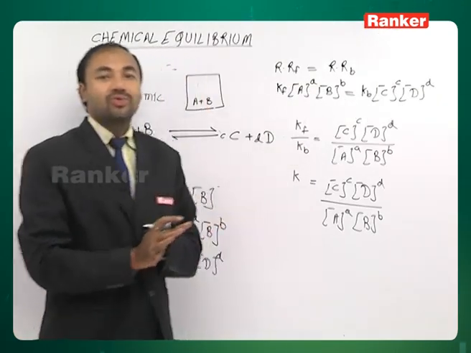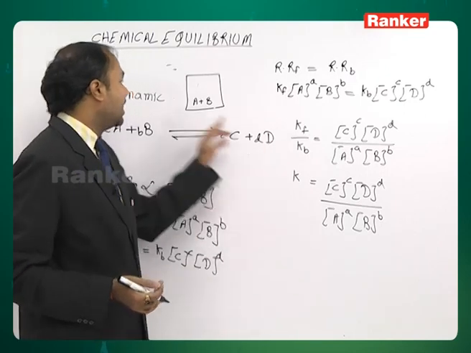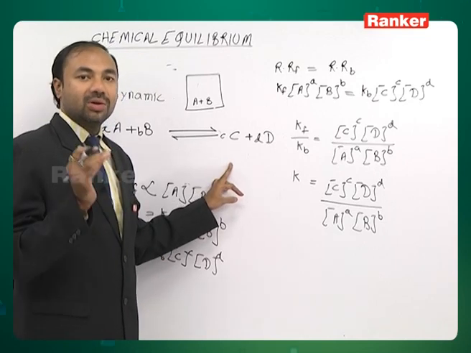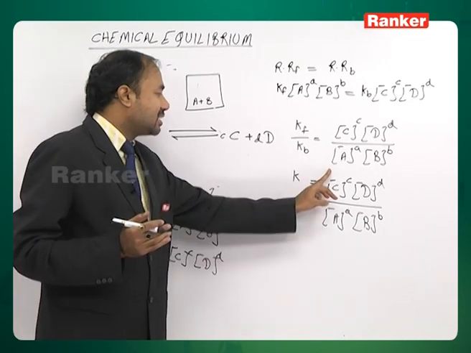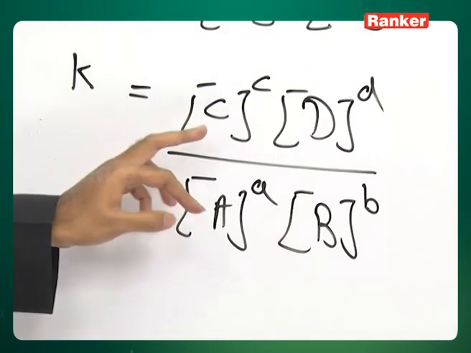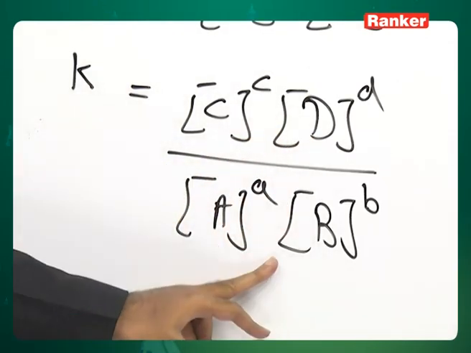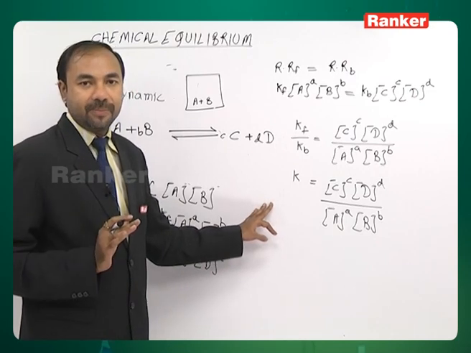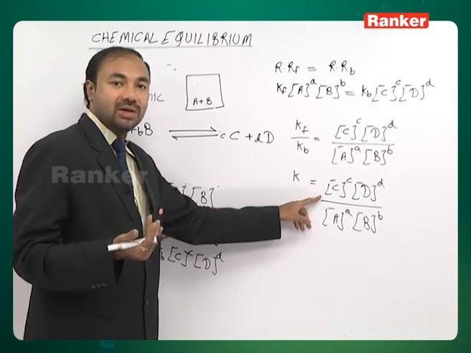One thing again you should understand here, that this is a dynamic equilibrium. No reaction has stopped. Although finally the system has come to constancy, meaning concentrations of C, D, A and B have become constant, the reaction has not stopped. So the concentrations are not changing. Why?